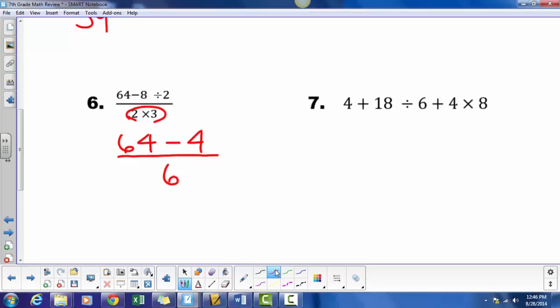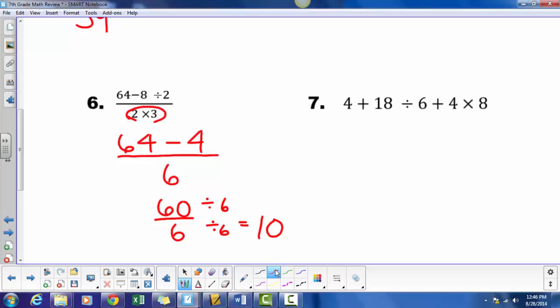And 2 times 3 is 6. Now I'm looking back at my numerator. 64 minus 4 is 60 over 6. And I can reduce that. I can actually simplify that fraction if I divide the top and the bottom both by 6. So that equals 10. 60 divided by 6 is 10.